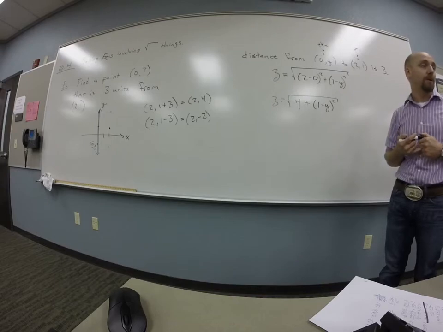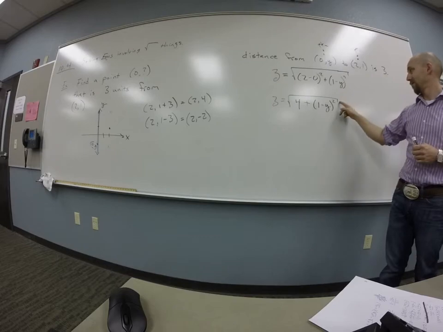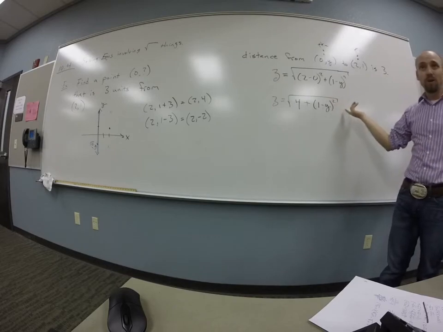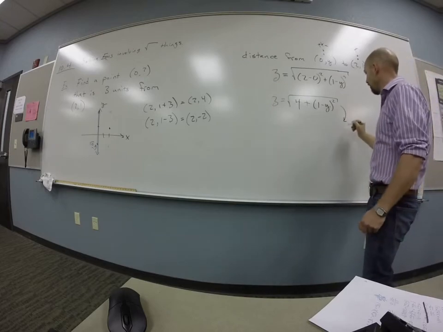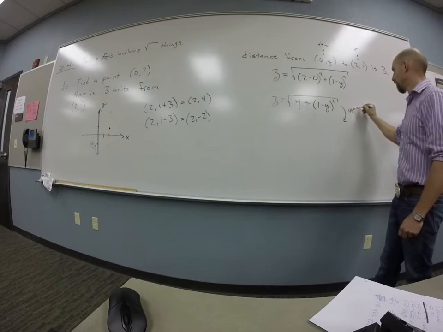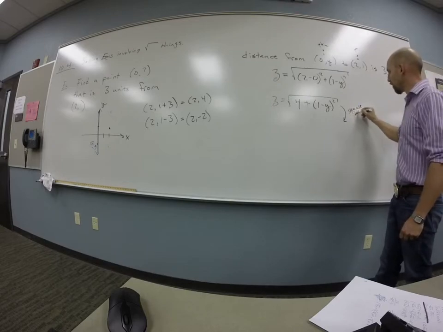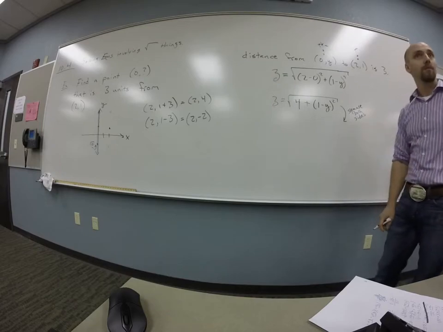So how do we get the y by itself? Yeah, there's the square root in the way. So I want to get the square root out of the way. What do I do to the whole equation? Square it. Really, I'm squaring both sides here. What do I get?